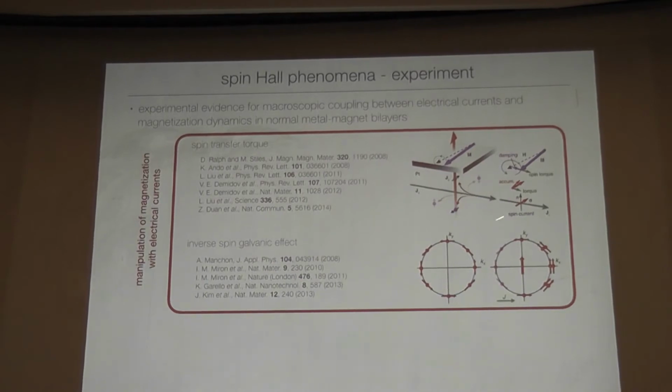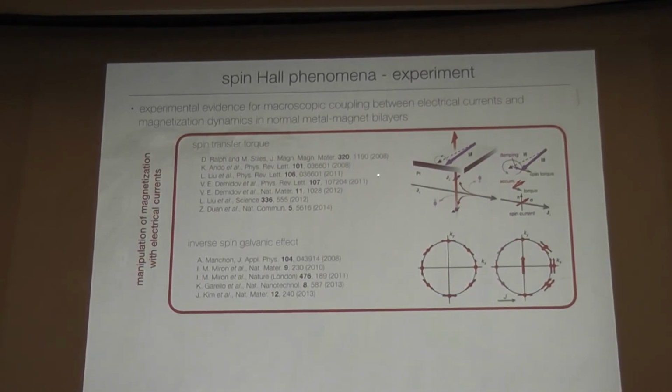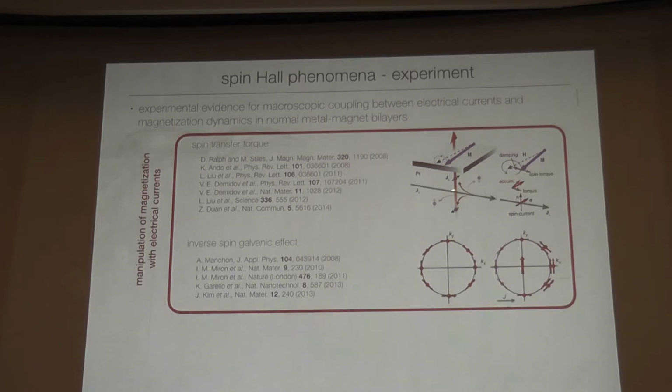A very simple picture for that is that you have a charge current, let's say, going through a normal metal, and by the direct spin Hall effect, if there's spin-orbit interactions inside a normal metal, the direct spin Hall effect gives rise to a transverse spin current. And if the polarization of that spin current is non-collinear with the magnetization, then the transverse component can be absorbed by the magnetization and induce a torque.